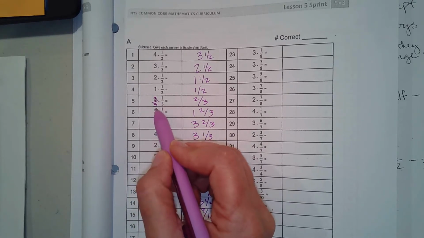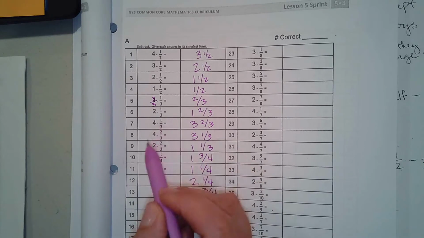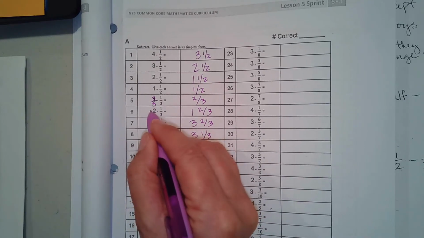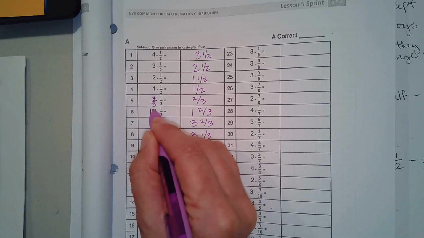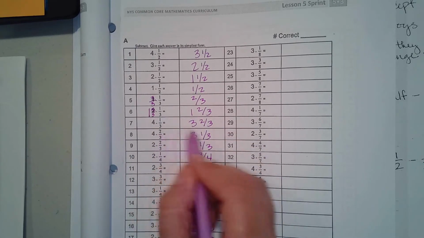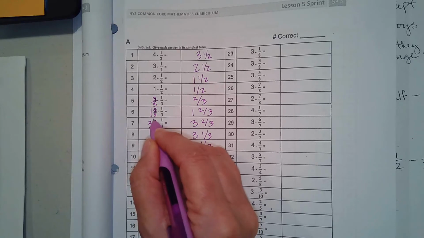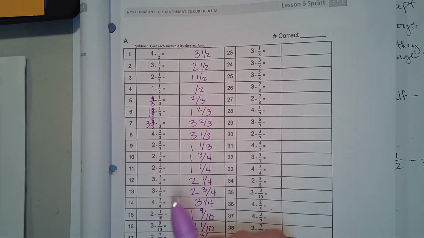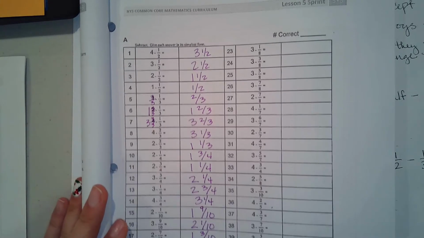So 3 over 3 is really 1. So 3 subtract 1 is 2/3. I was going 1, 3 over 3. That's how I was solving that in my head.